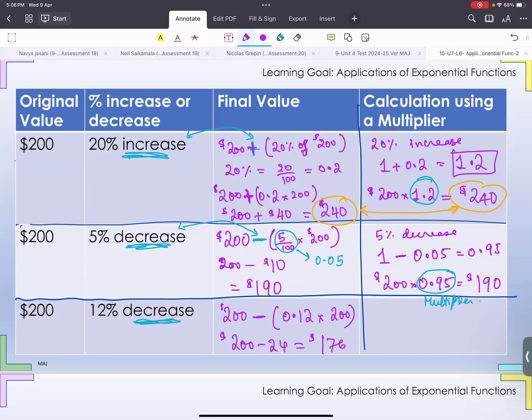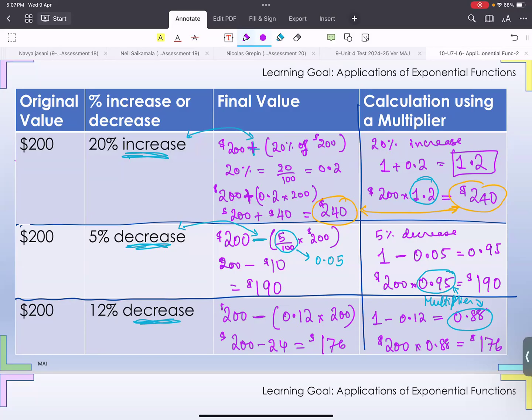Now, for a 12% decrease, 1 minus 0.12, your multiplier is going to be 0.88. So basically, $200 times 0.88 should also give me 176.